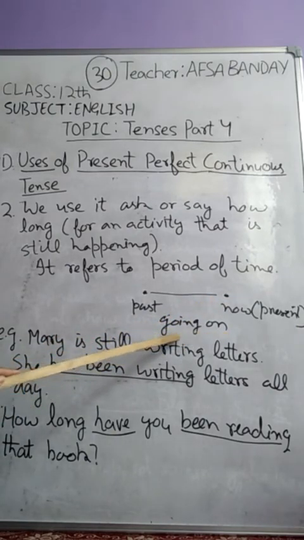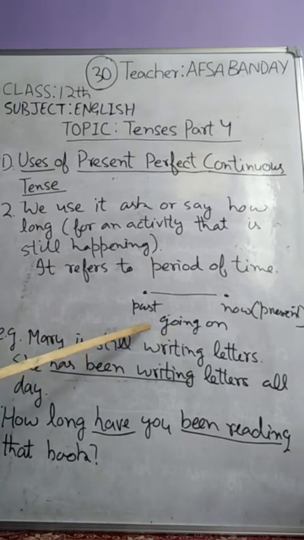There is an element of going on, or what we call continuity. On the other hand, we say about present continuous that it refers to a point of time. Present continuous refers to a point of time, but present perfect continuous refers to a period of time.